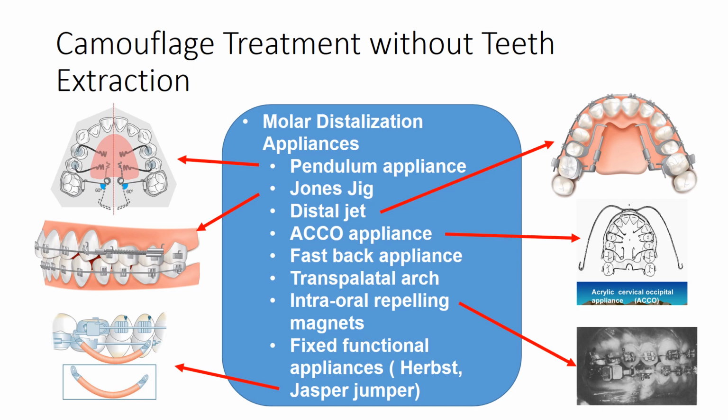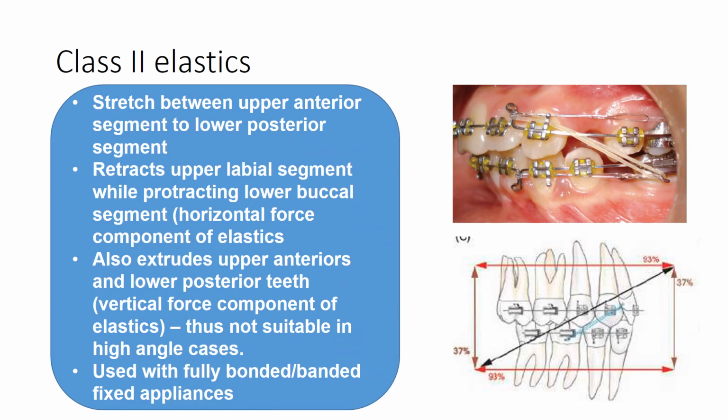We can use intraoral repelling magnets, or we can even use fixed functional appliances like the Herbst or the Jasper jumper.